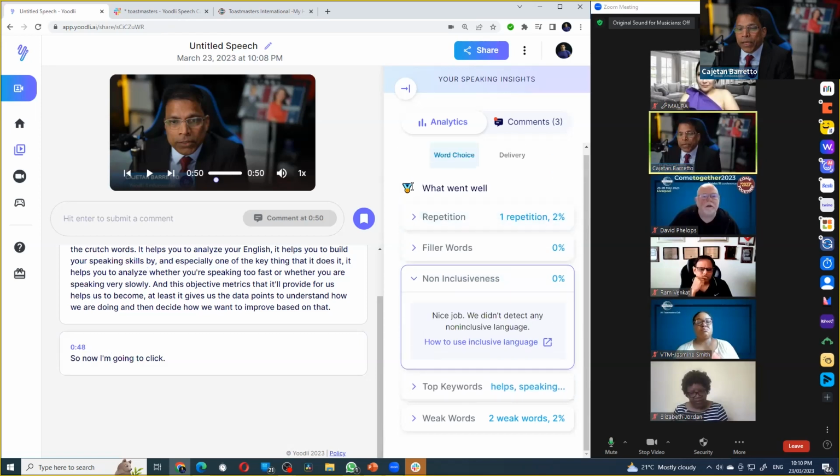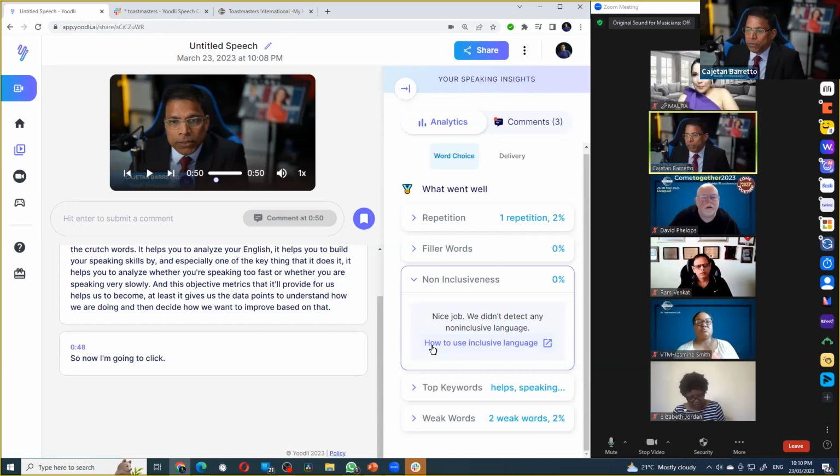If we use any non-inclusive language, what do we mean by non-inclusive language? Can you give me an example of non-inclusive language? What would be considered as, for example, my wife was practicing her contest speech, and she started her speech by saying, "Ladies and gentlemen." It was highlighted as non-inclusive.